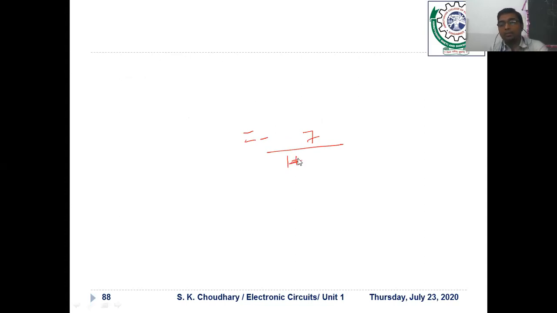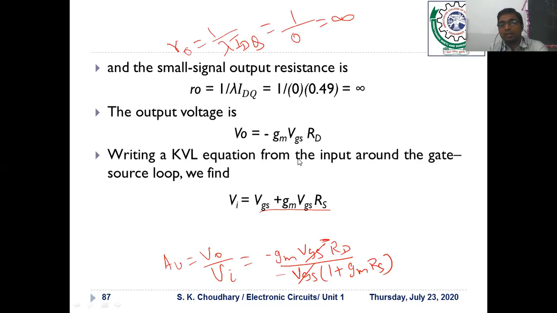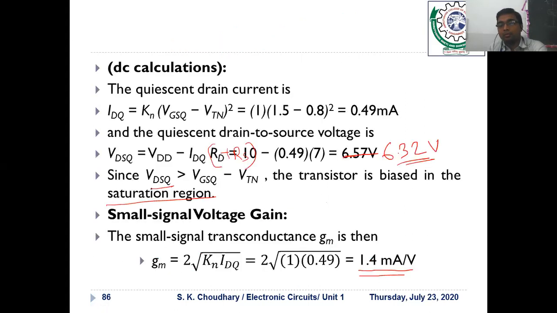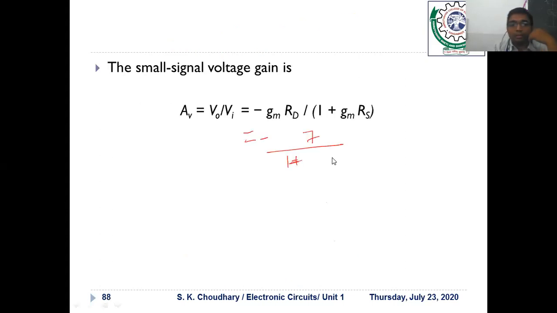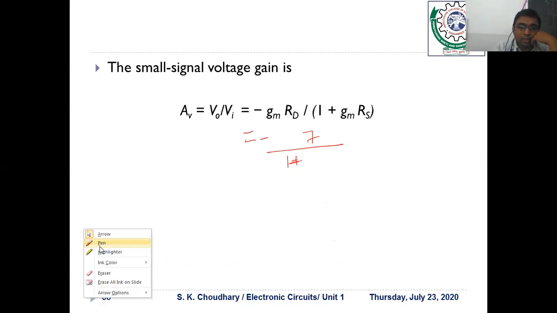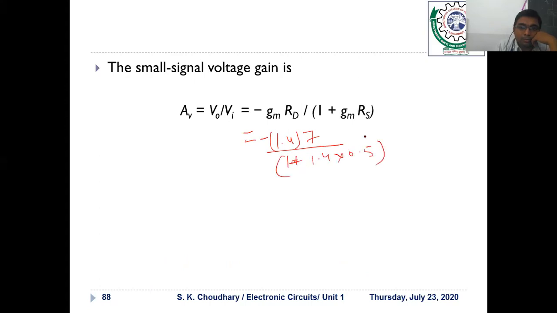Just put it here. 1.4 milliampere per volt. You just put it here and you will get the value. 1.4 into 0.5. So what is the value coming?